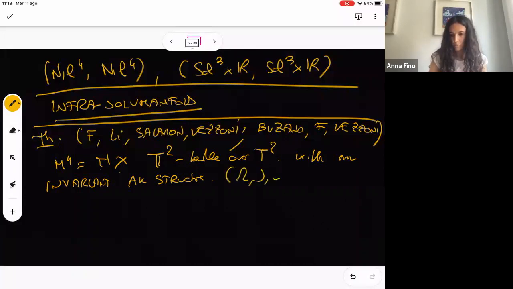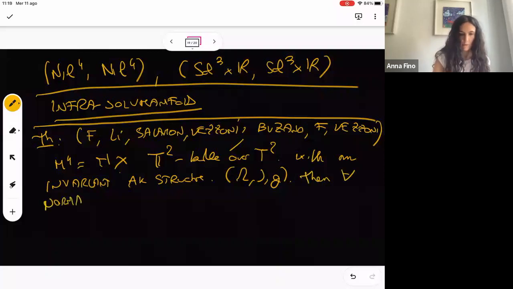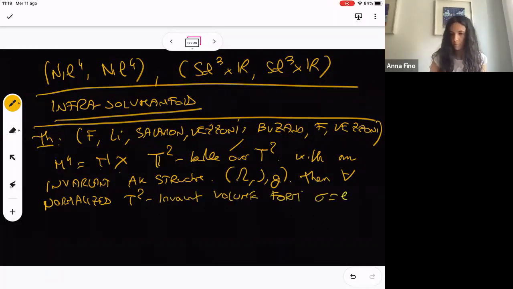Omega, J, g. Then for any normalized T2-invariant volume form, sigma, we have a solution.